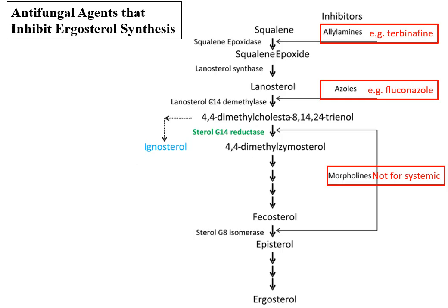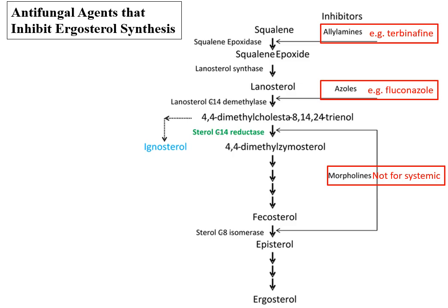So here is the synthesis of ergosterol, and we have various compounds that can inhibit ergosterol synthesis. We'll mention them. We're dealing with the azoles, which is exemplified by fluconazole, and this is the step, the conversion of lanosterol to dimethyl cholestatrienol. This is where you interfere.